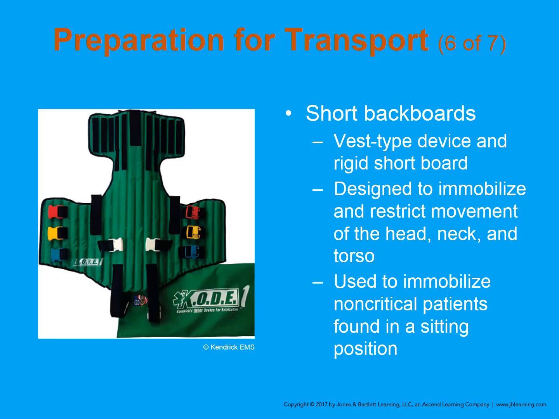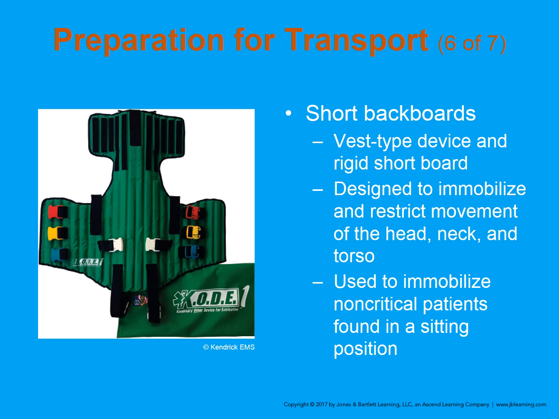Here is the Kendrick extrication device used to immobilize a patient to protect them from further spinal injuries when they're in a seated position. You can see that the straps are color coded, at least the buckles are. Now, you may hear some different acronyms to remember this. My Baby Looks Hot Tonight is one that I remembered and I taught for a long time.